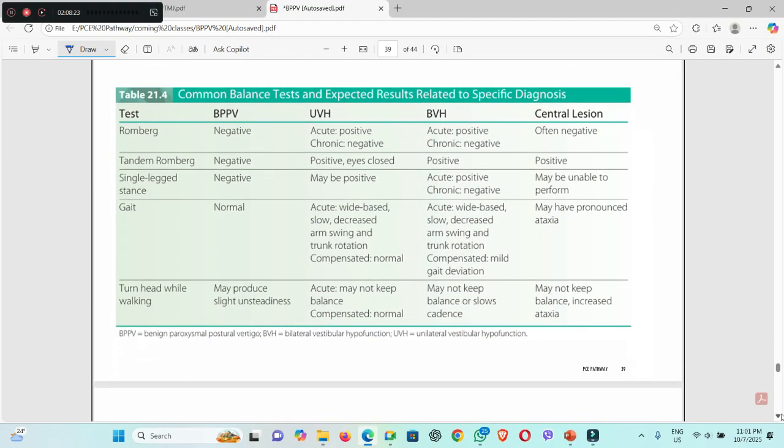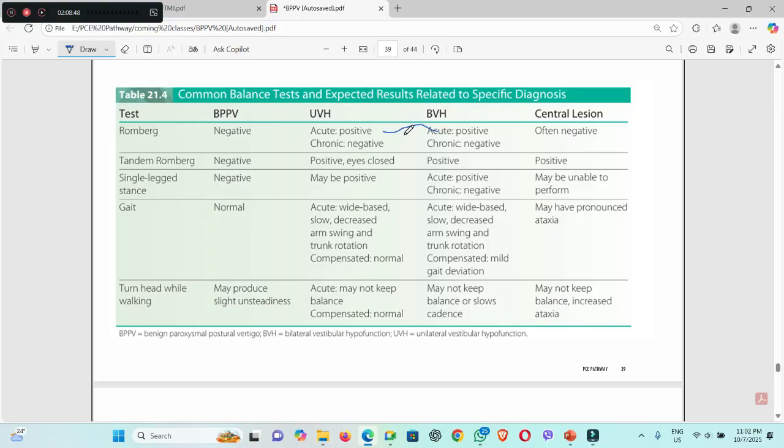So this is the table, which I'm not going to read line by line. You have to read it. I'll just read the first one. If we perform a Romberg test in a patient who has BPPV, it will come negative. But it will be positive if the person has UVH and BVH and is in the acute stage.